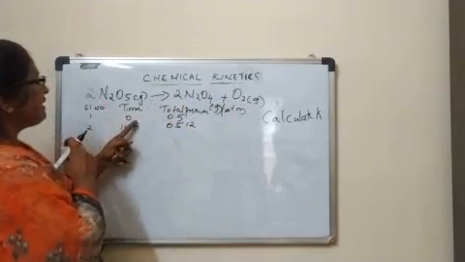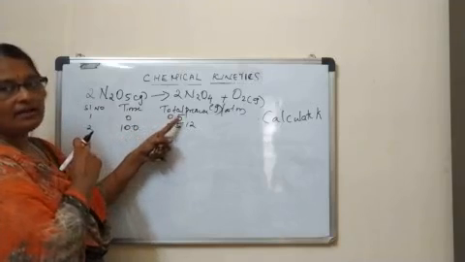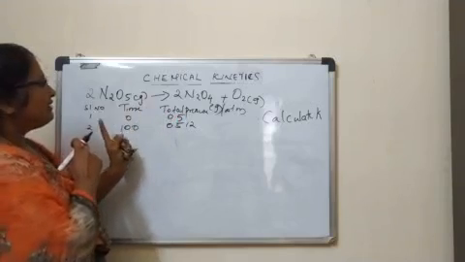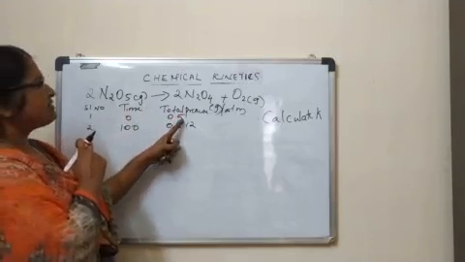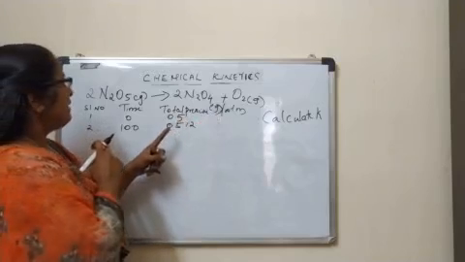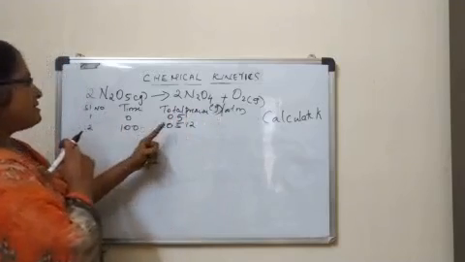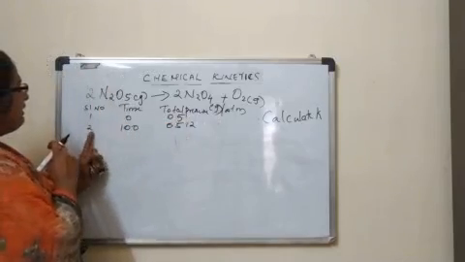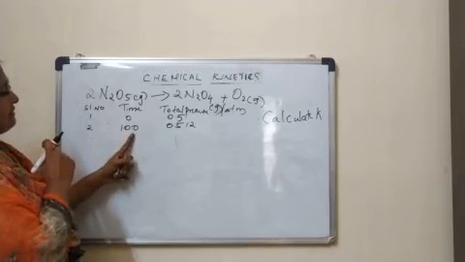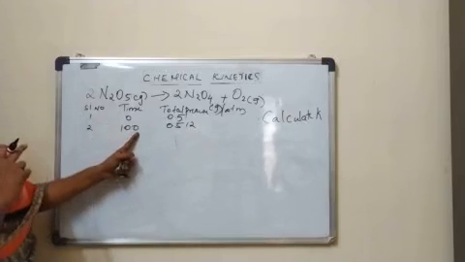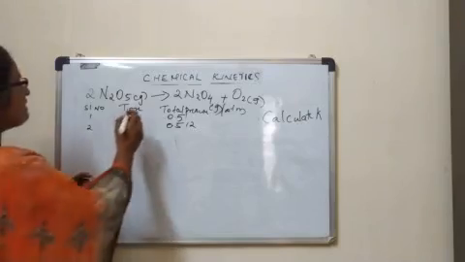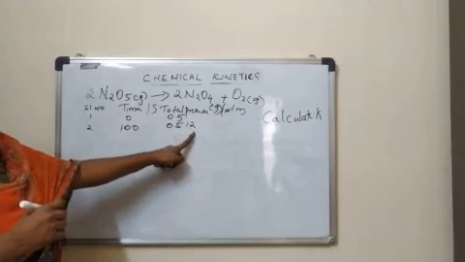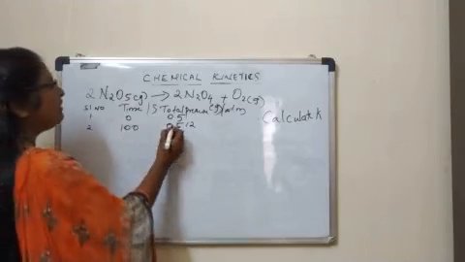And one more thing is given: at time t is equal to 0, the total pressure, which we can find out from the pressure of the container in which it is enclosed, is found to be 0.5 atmosphere, and at time t is equal to 0 this is the initial pressure, that is the pressure due to N2O5. Then after a time t equal to 100 seconds, the total pressure is found to be 0.512.